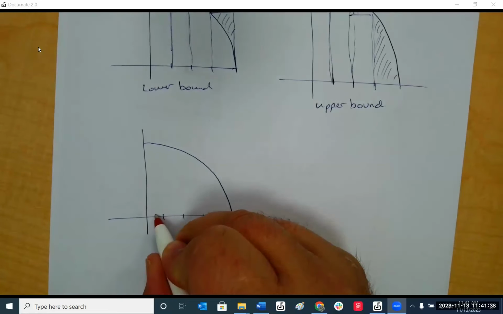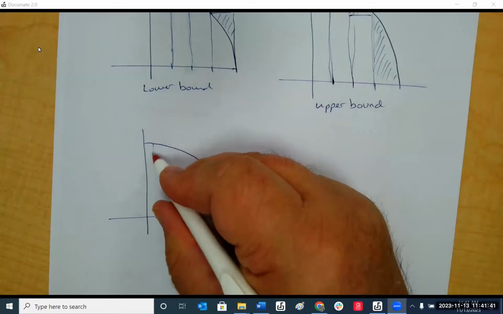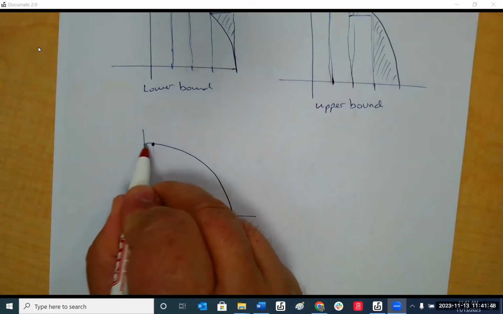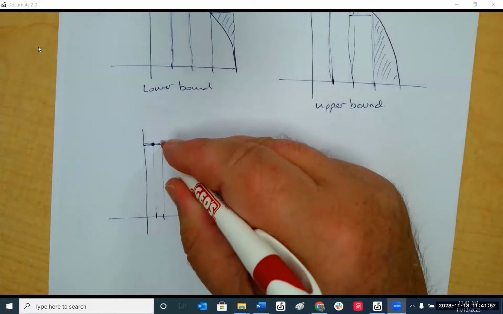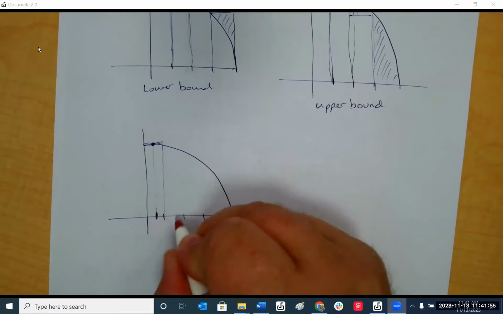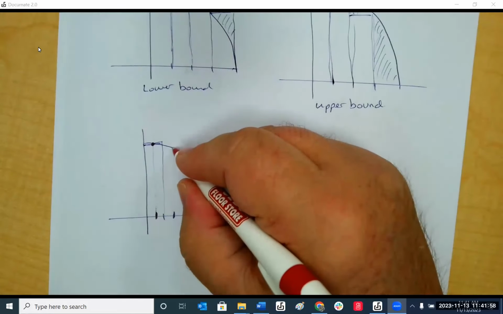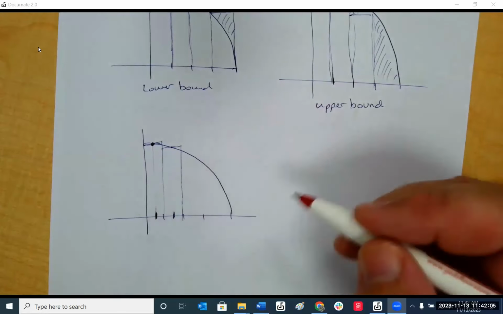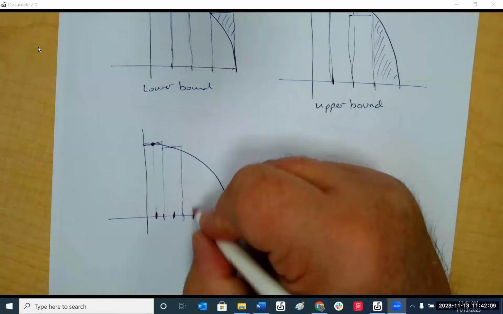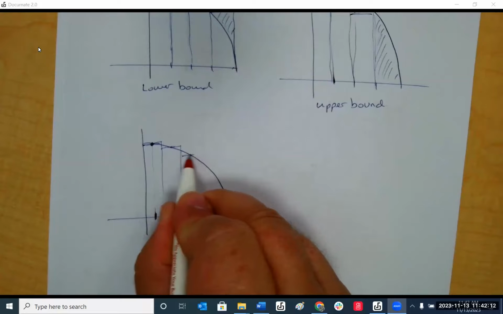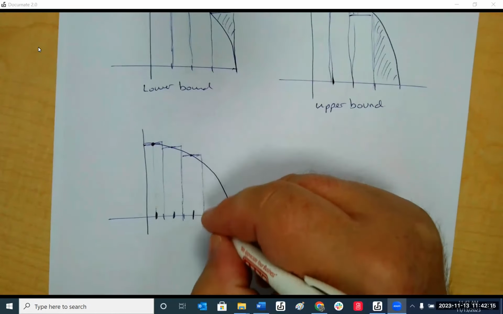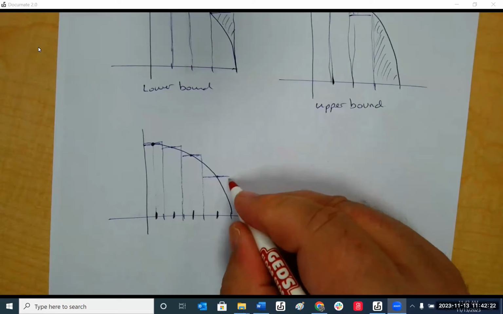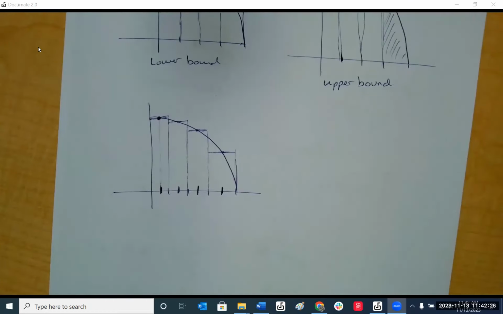What this one says is I take the average. Do you see what that last one does?